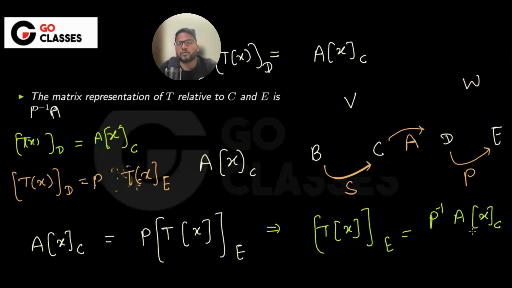And then if I want to convert that to basis E, then why are we not multiplying directly with P?